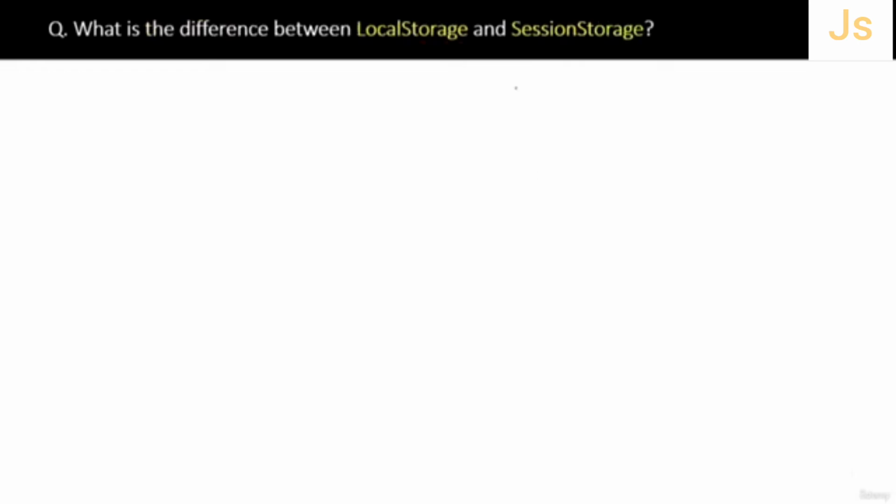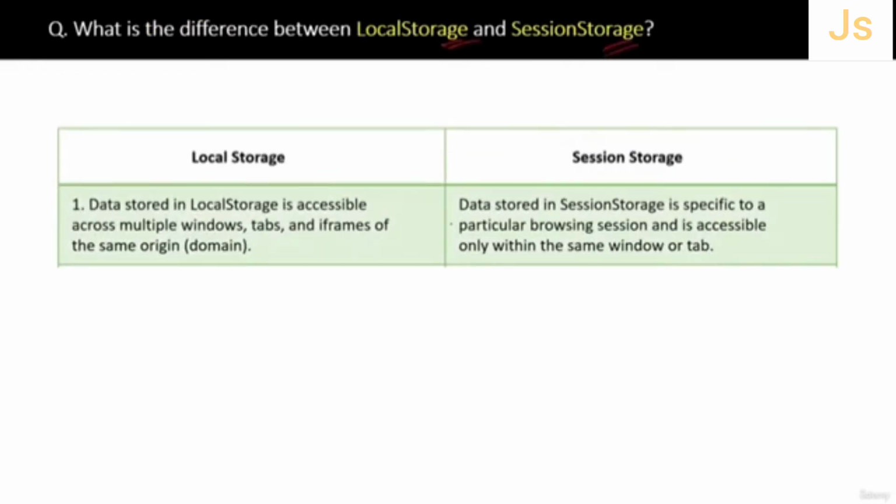What is the difference between local storage and session storage? The first difference is data stored in local storage is accessible across multiple windows, tabs, and iframes of the same origin. Remember, of the same origin. Same origin means same domain, like the same website. For example, you can open Facebook and log in in one window.